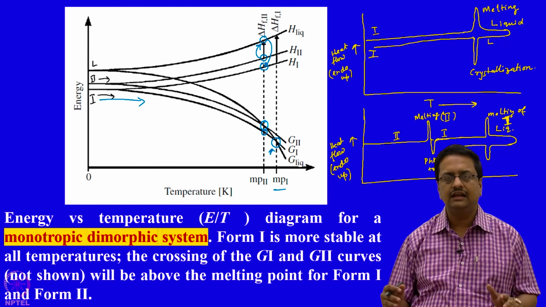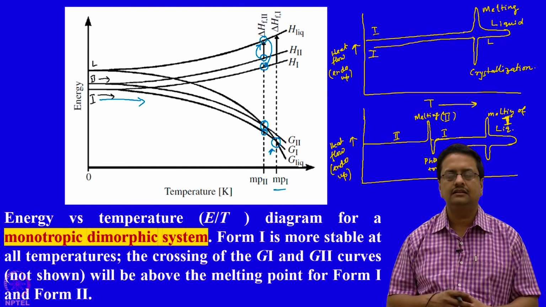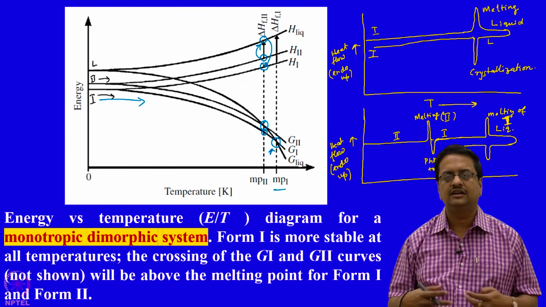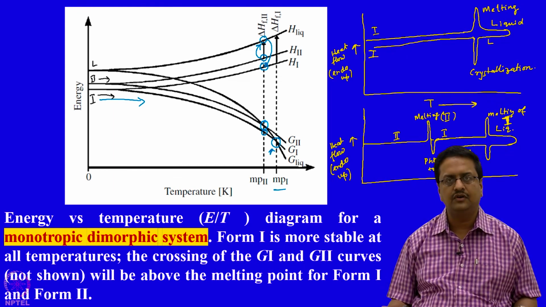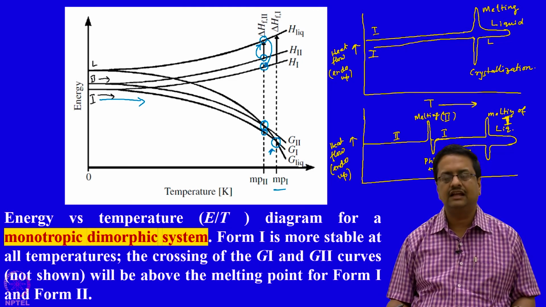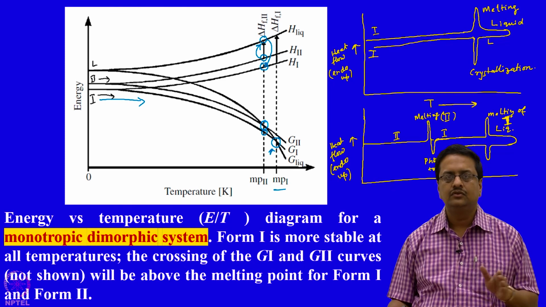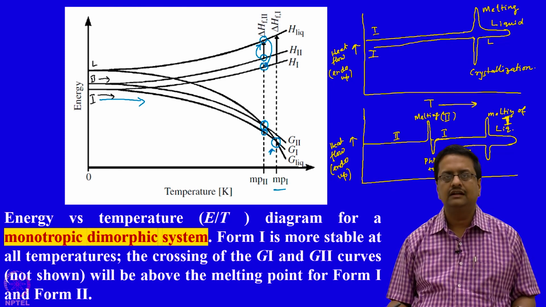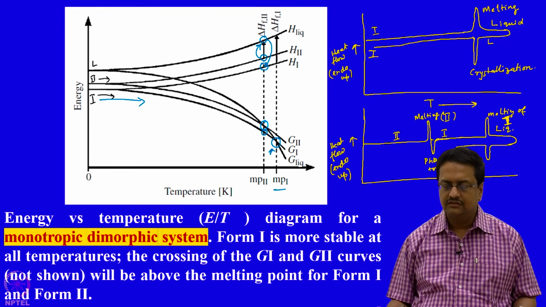So, if we have generated a particular polymorph, or a large number of polymorphs of a particular compound, then we must do a careful differential scanning calorimetric experiment to identify whether it is a monotropic system or an enantiotropic system. In the next lecture we will continue this discussion.